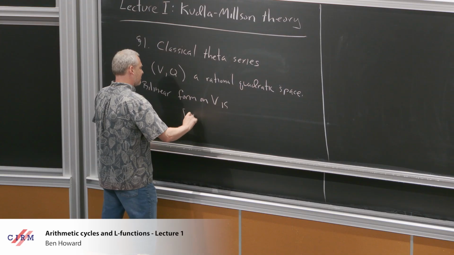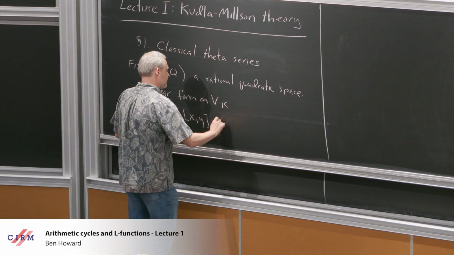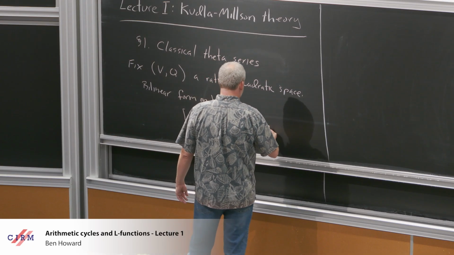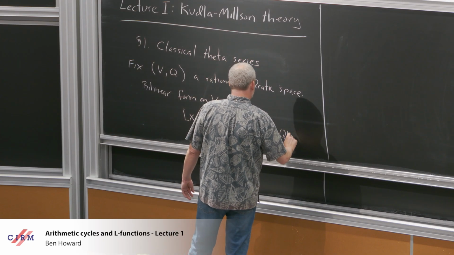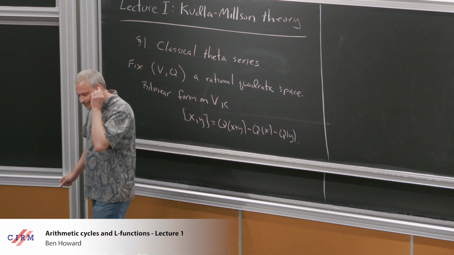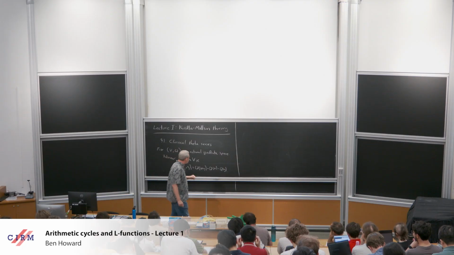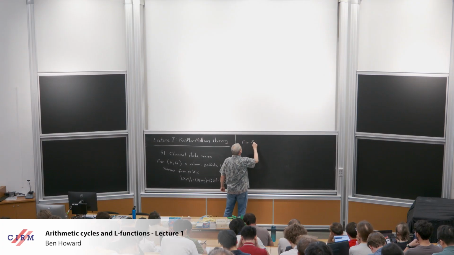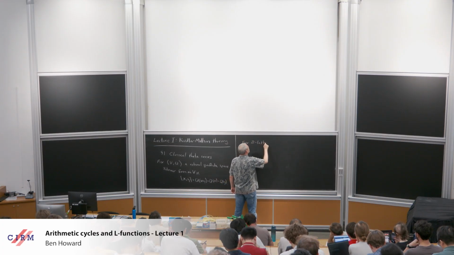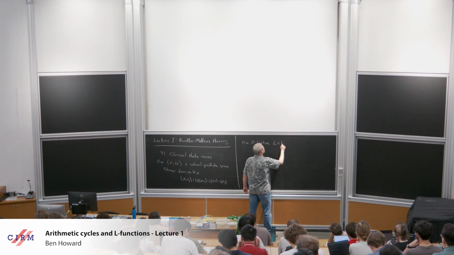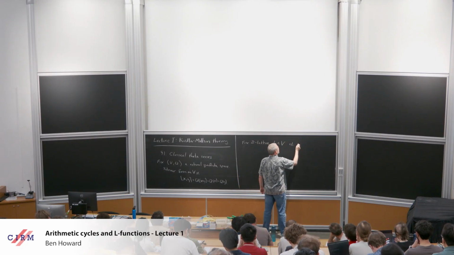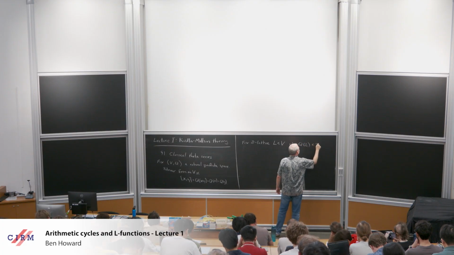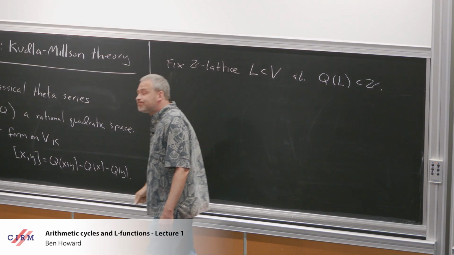So it's going to be [x,y] equals q of x plus y minus q of x minus q of y. And we're going to fix a lattice L in V, on which the quadratic form is Z-valued.